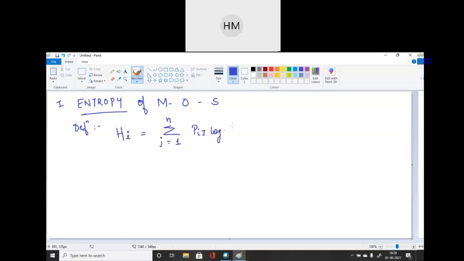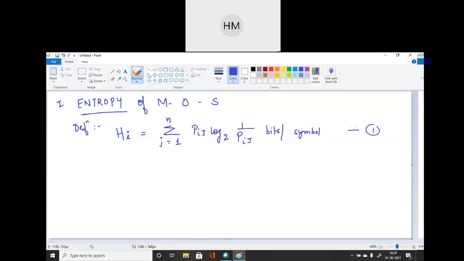It is defined as a weighted average of the entropy of symbols emitted from each state.